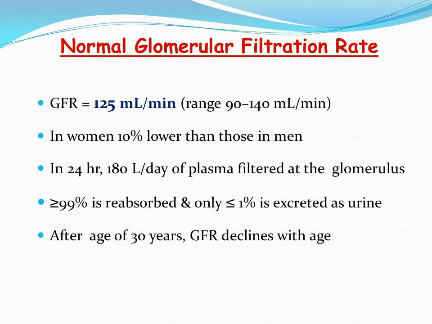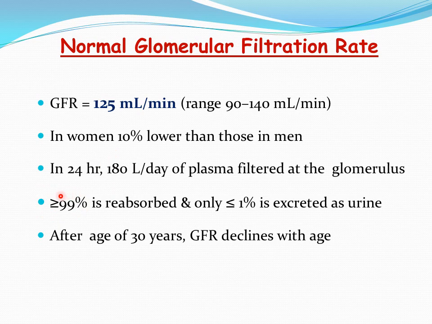Keeping in mind this rate, in the healthy adult person, both the kidneys combined filter around 180 liters of plasma per day through the glomerulus. But out of 180 liters that is filtered through the membrane and poured into the renal tubules, not all of that is going to be excreted as urine.